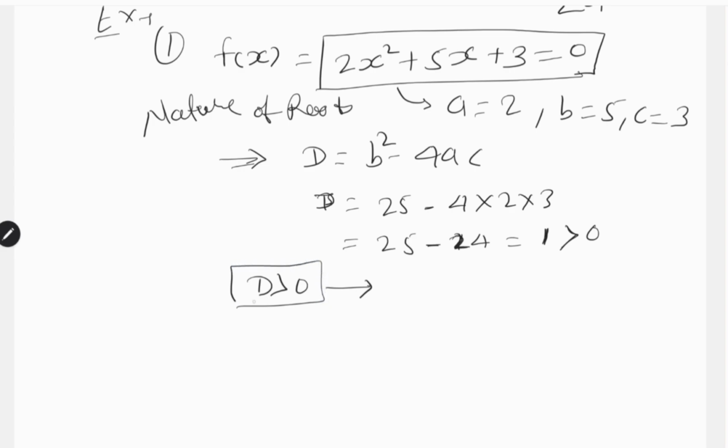If D is greater than 0, the roots are real and different.